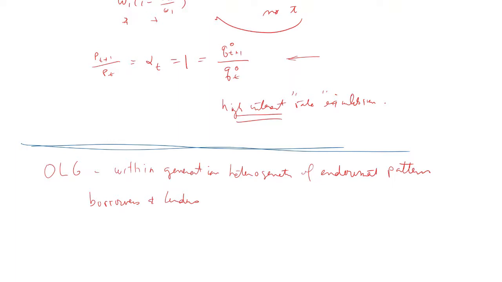And we'll talk about non-monetary equilibria, where there's only within-generation borrowing and lending. And then we'll talk about monetary equilibria, where there'll be both within-generation borrowing and lending, but in addition there'll be another asset that is traded across generations, and that will be money.